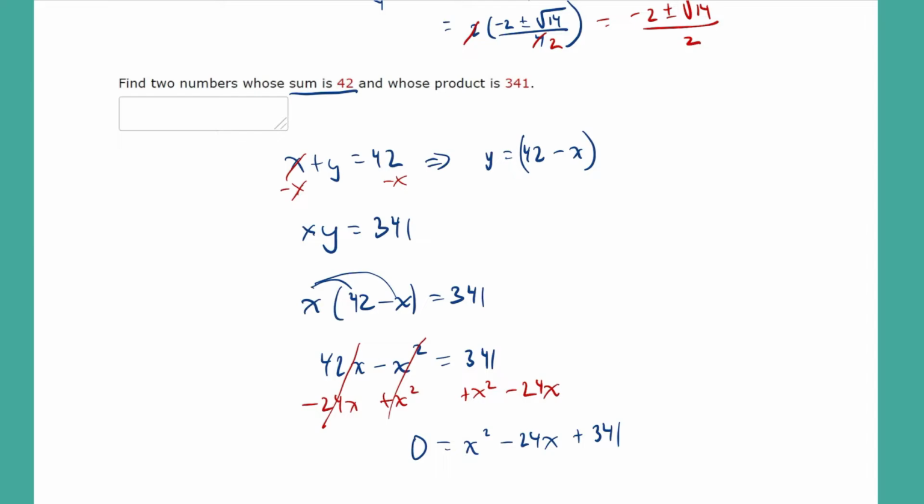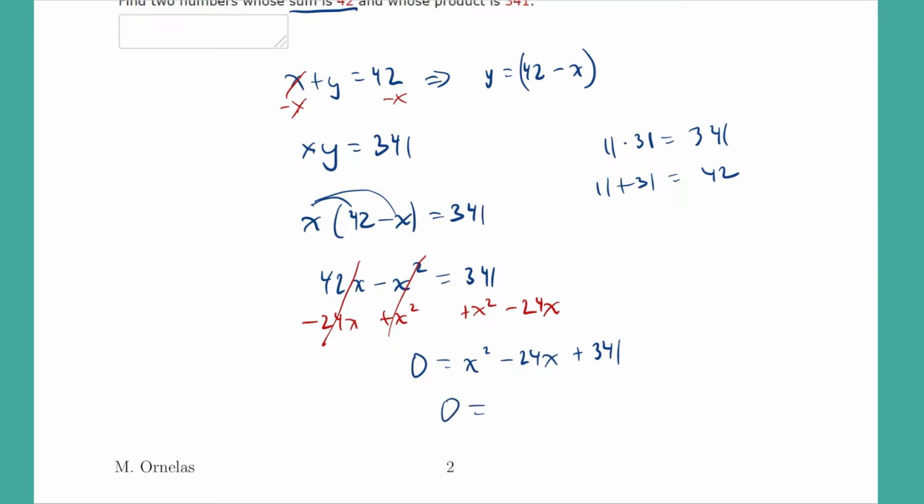All right, I think we found it. It should be 11 times 31. If you try 11 times 31, you're going to get 341, which is exactly what we needed. And if you do 11 plus 31, you're going to get 42, which is exactly what we needed. So we found the combination of numbers that is going to make this work out.